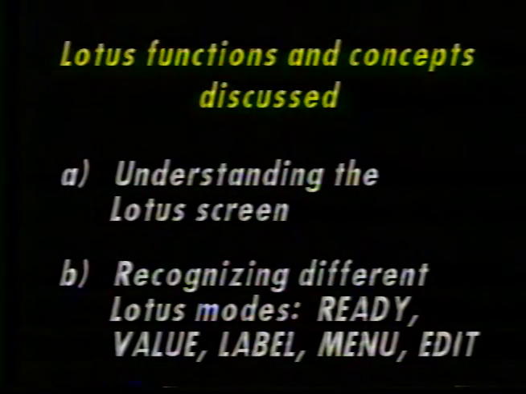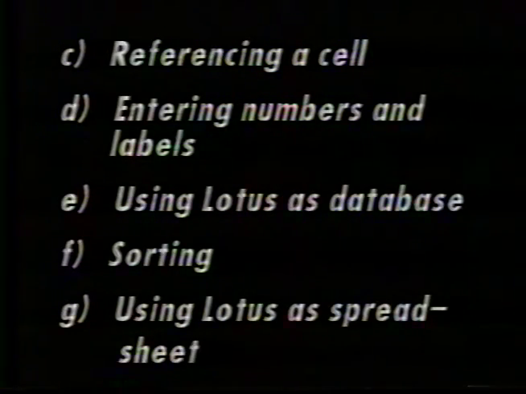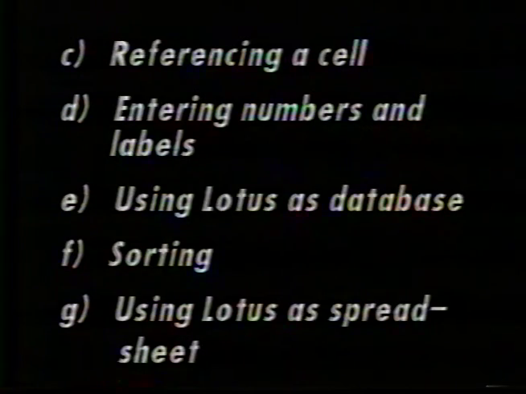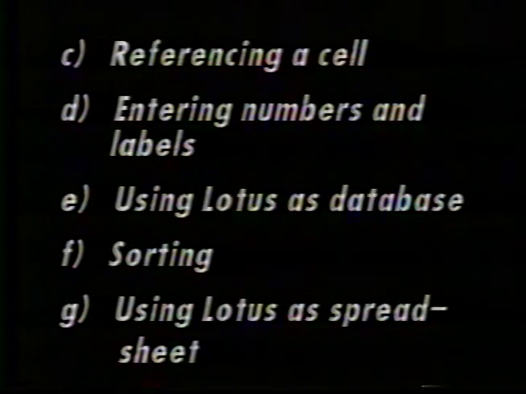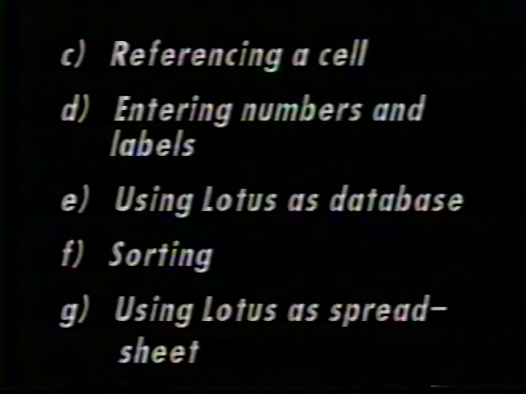Recognizing different Lotus modes: ready, value, label, menu, edit. Referencing a cell, like we did with plus A1. Entering numbers and labels. Using Lotus as a database. That was when we entered the names.